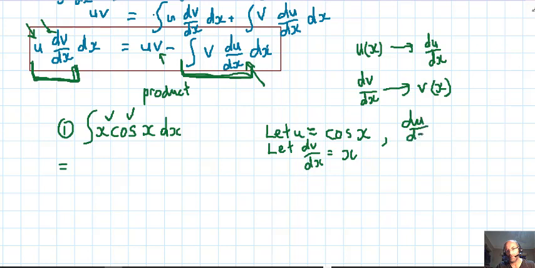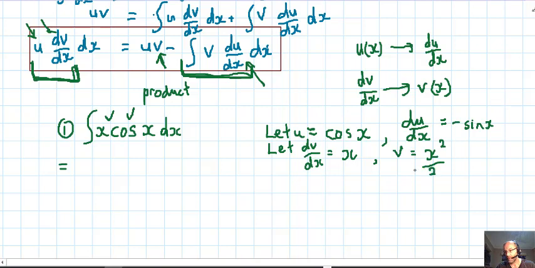So the derivative of cos x is negative sine x. And we have to integrate dv dx to get v, and that's x squared over 2. Okay, and the plus c, we deal with that later on. Okay, so we follow the rule. So it's uv, where u is cos x and v is x squared over 2, or half x squared.